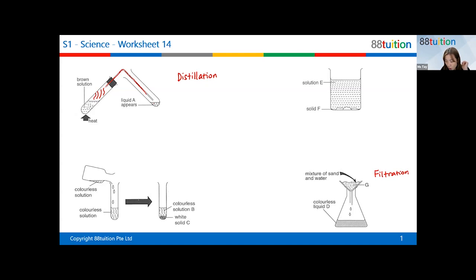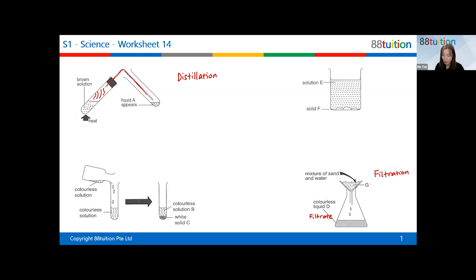So in filtration, what do you call the liquid that actually comes out? What is the term used for this liquid? The term for the liquid that comes out after filtration has been carried out is called filtrate. So this colorless liquid D is called filtrate.